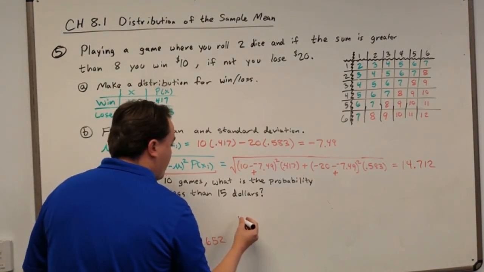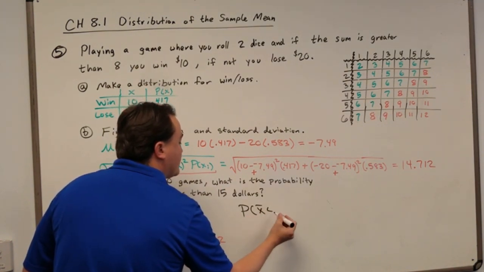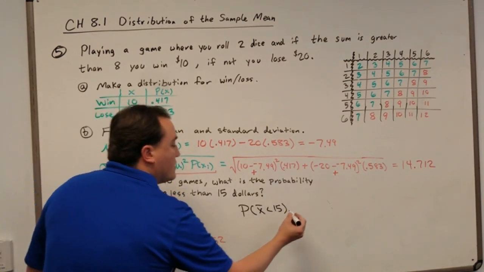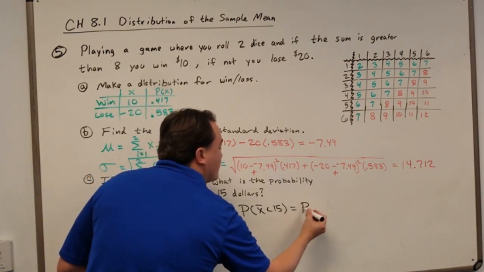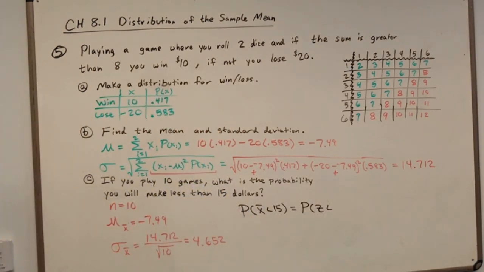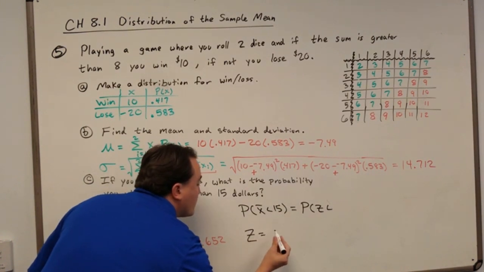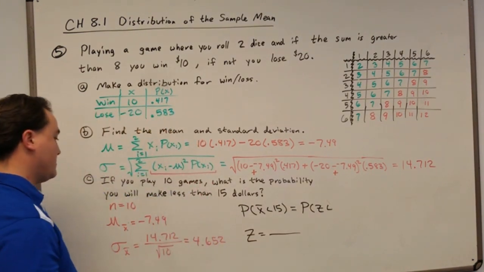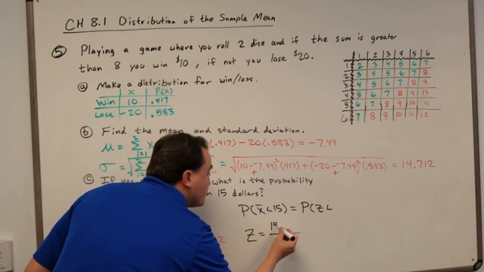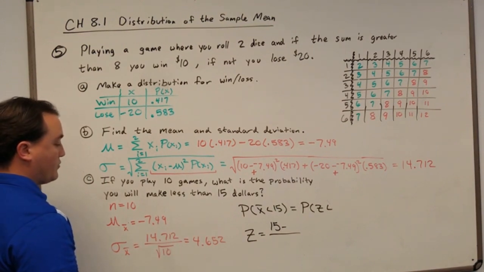We calculate the probability, P, of X being less than 15, which is equal to P of Z being less than, well, we have to calculate Z. So Z equals 15 minus the mean, which is negative 7.49.